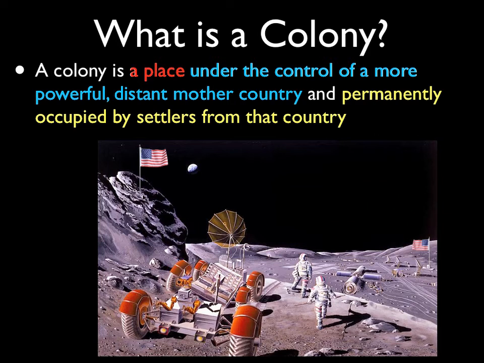So will we ever experience another colonial period, maybe in our lifetime, with the establishment of colonies on places like the moon or Mars? Well, it's possible. And it's just another example of how history is worth studying because it can potentially repeat itself.